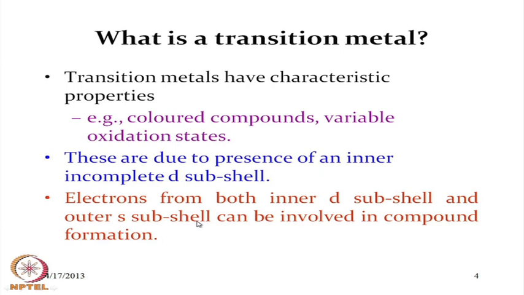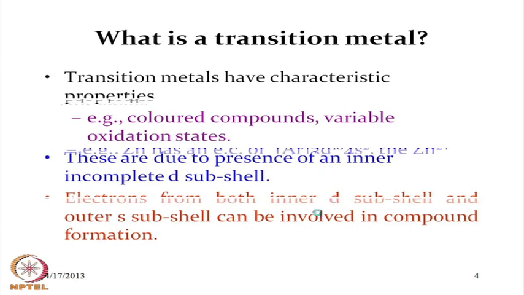So, the s subcell can be utilized for the involvement of the compound formation like tetracarbonyl nickel, where carbon monoxide is the ligand which is forming with the nickel in 0 oxidation state, or the other d subcell electrons where oxidation has taken place and the 2 s electrons have been lost for the formation of nickel in +2 oxidation state.